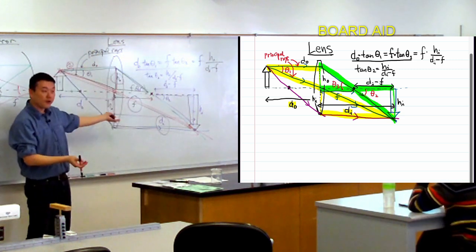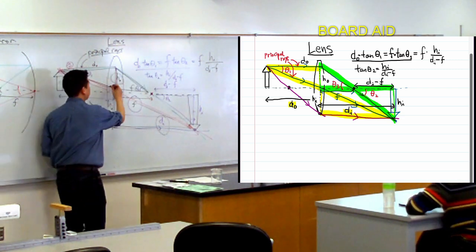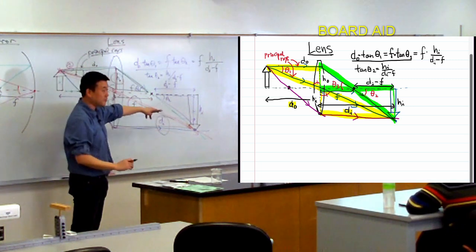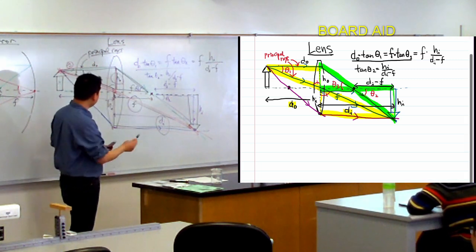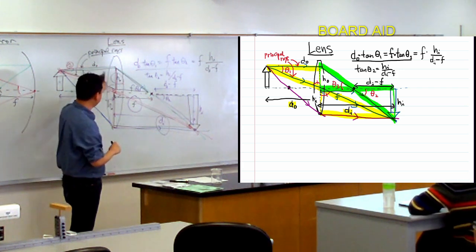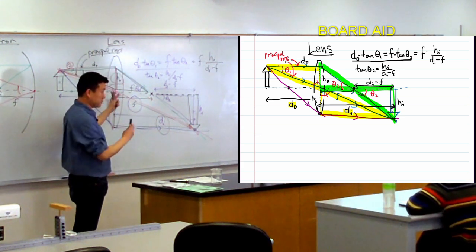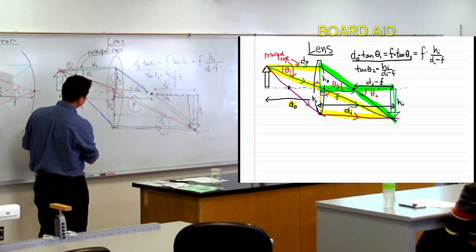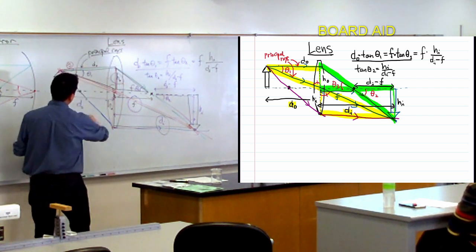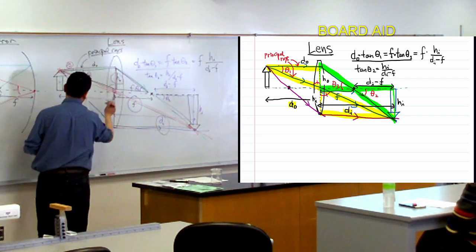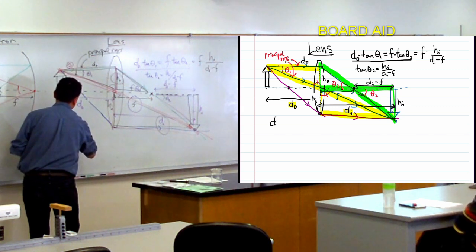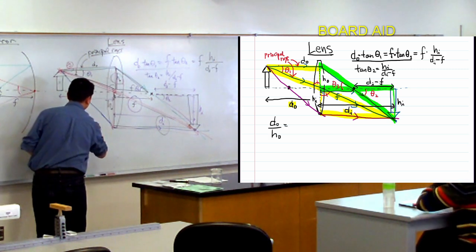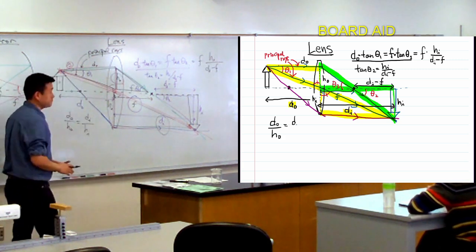Stare at it long enough, then you can convince yourself these angles are the same. It's a right triangle, so the other angles must be the same, so it's similar. So you can write down that the ratios of the sides are equal because it's a similar triangle. Let's write it down this way: DO over HO is equal to DI over HI.